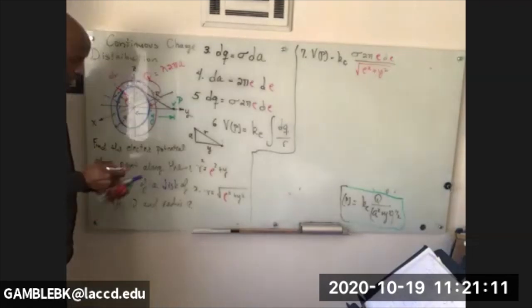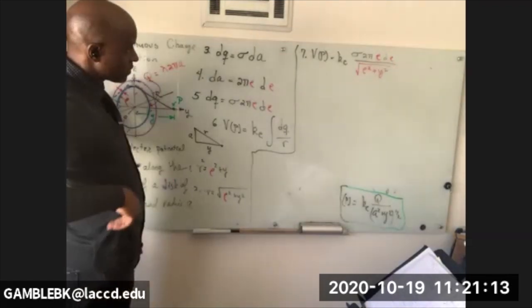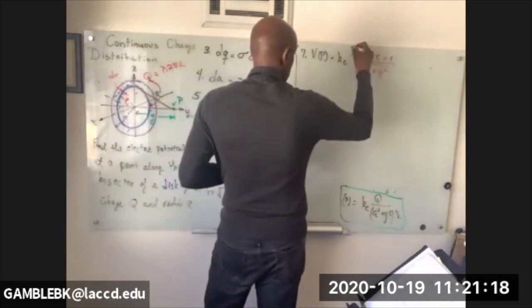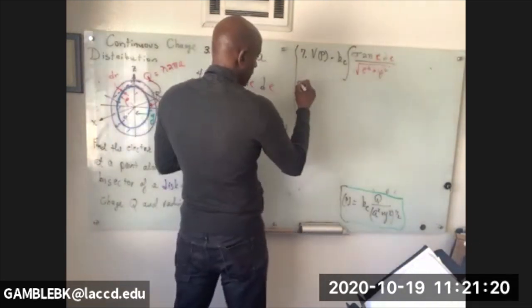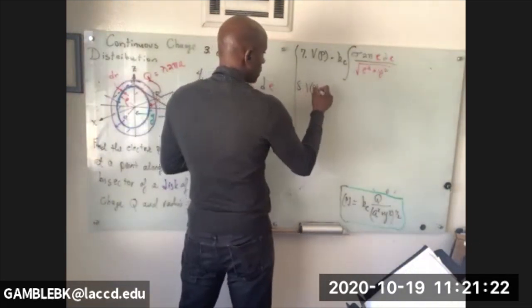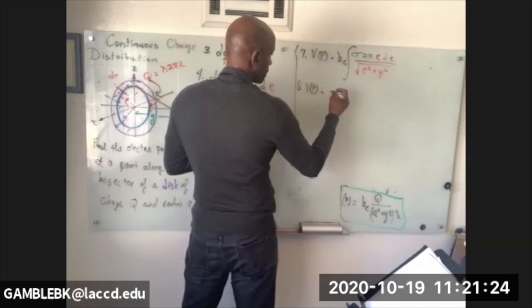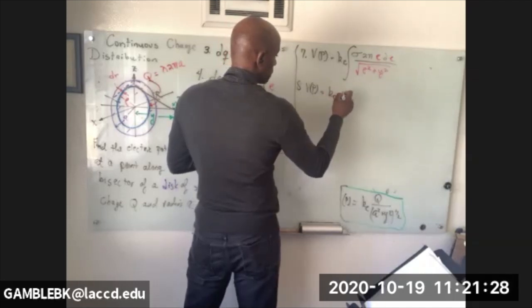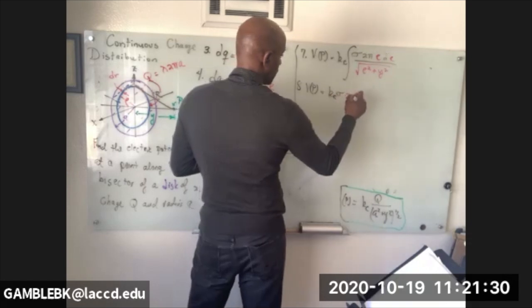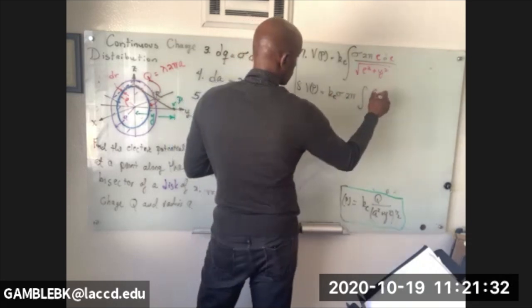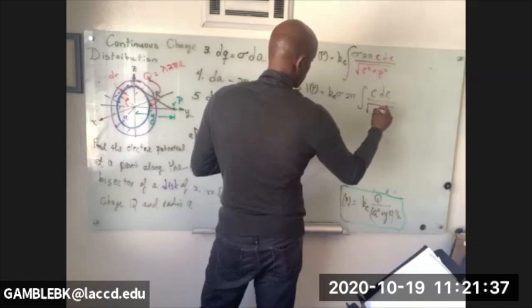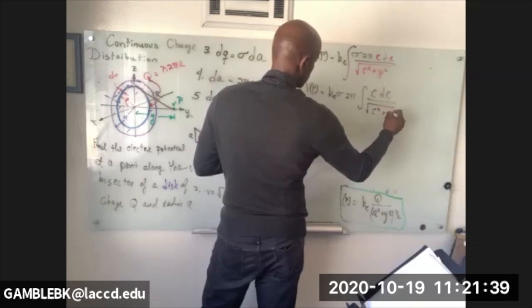Now, with this integral, it becomes u substitution. Look at this. All the constants come out. And so you have k sub e sigma 2 pi times the integral of rho d rho over the square root of rho squared plus y squared.